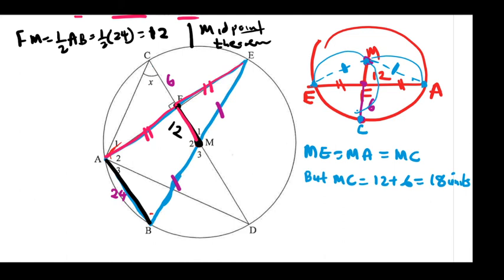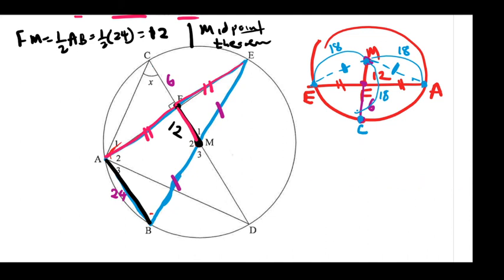So once we know that this is 18, and this is 18, and this is 18, then it's easier for us to find the length of AE, right? Why am I saying this? Let's do that now. So now we know that it's 18, 18. We can simply choose one triangle. We can say triangle EMF, right?